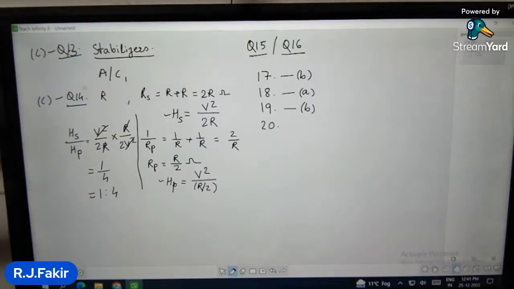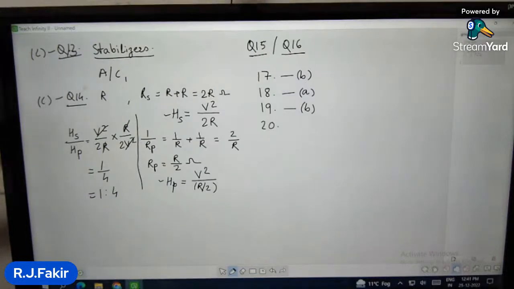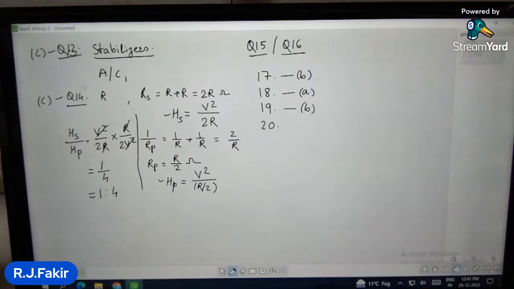Okay, now the last question, that is 20th. Assertion is earth wire should be of green insulation. Reason, main fuse is not connected with the neutral wire. So for 20, option C is correct.